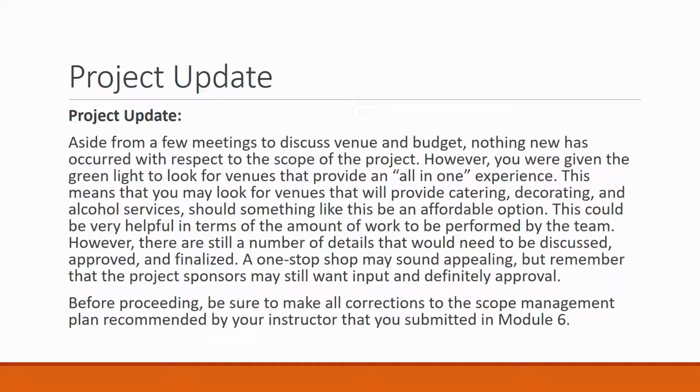So a one-stop shop may sound appealing, but remember that the project sponsors may still want input and definitely will want approval. So before proceeding, you want to make any corrections to your scope management plan that were given to you in week 6. In your week 6 assignment, if you received any comments regarding your scope management plan, be sure to make those adjustments.